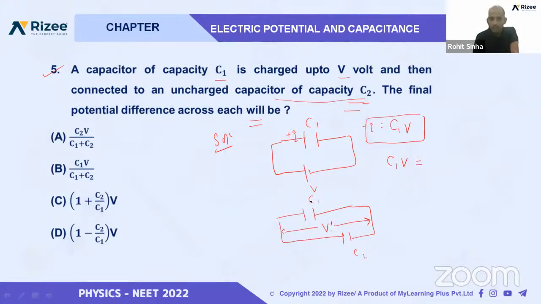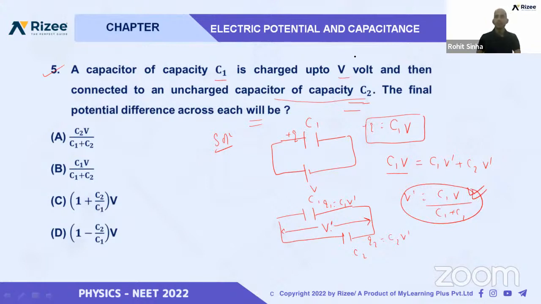Total charge on C1 will be Q1 equal to C1 V dash, and on C2 it will be C2 into V dash. By charge conservation we can write C1V is equal to C1 V dash plus C2 V dash, and V dash will be C1 V by C1 plus C2. Any problem? You can take the answer also.